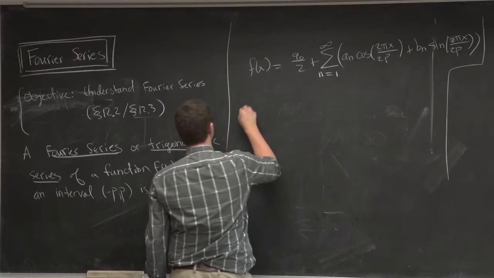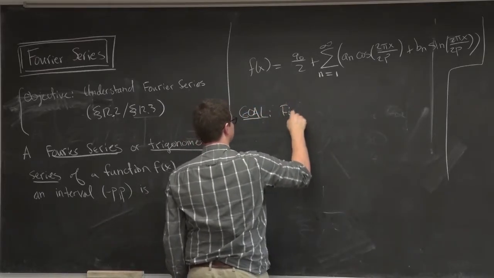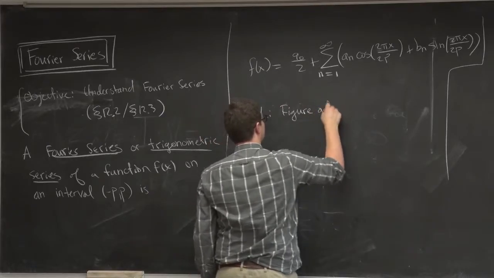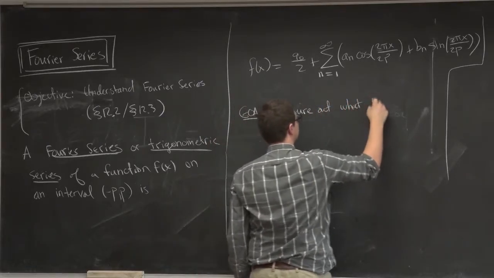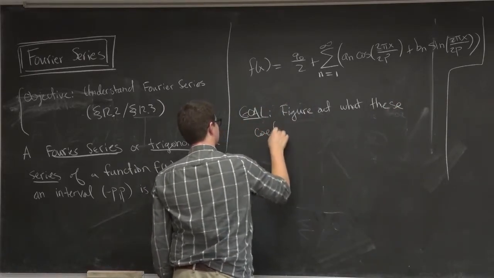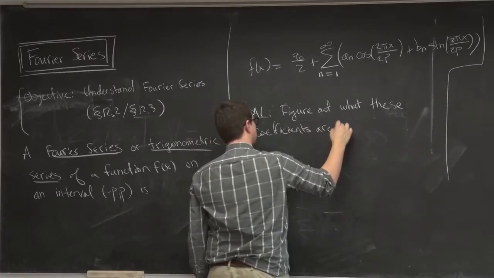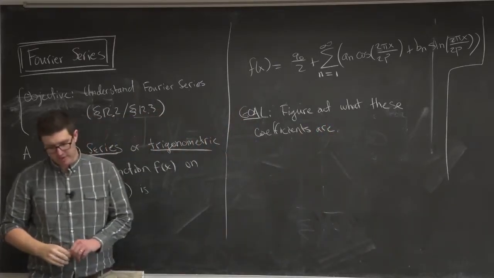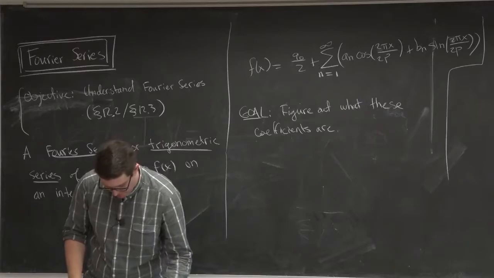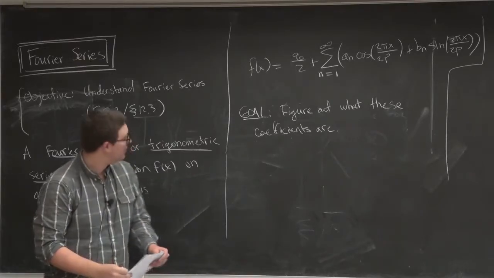So one of the goals is to figure out what these coefficients are. All right, and I guess I can just get straight to the point of what the coefficients are, and then maybe we can derive what they are.